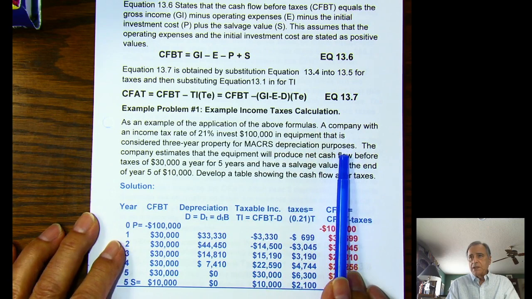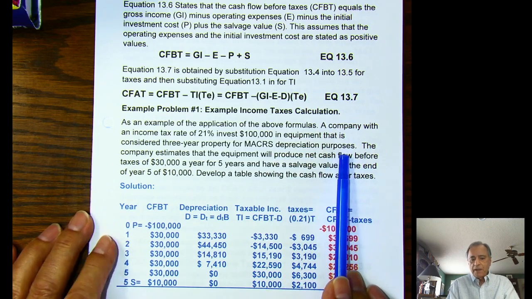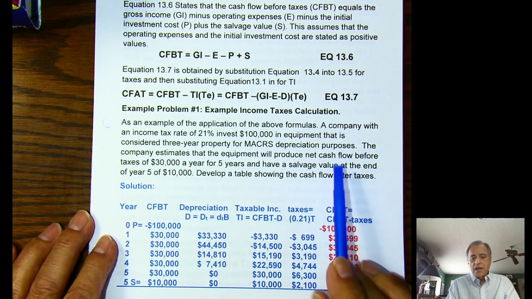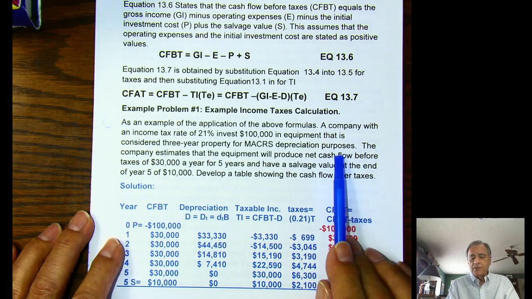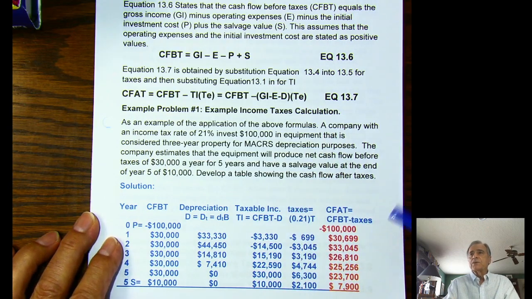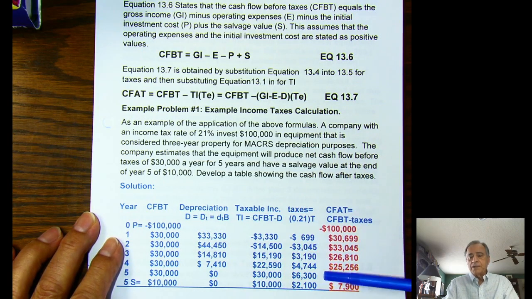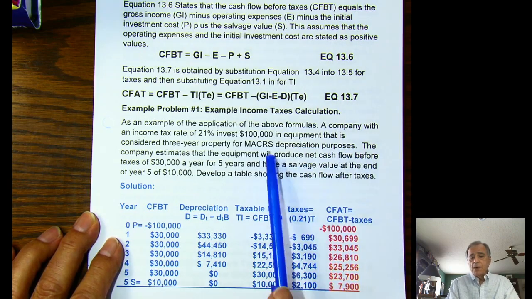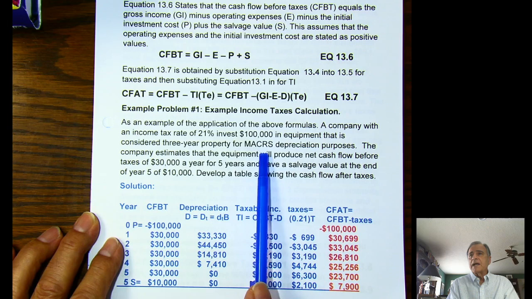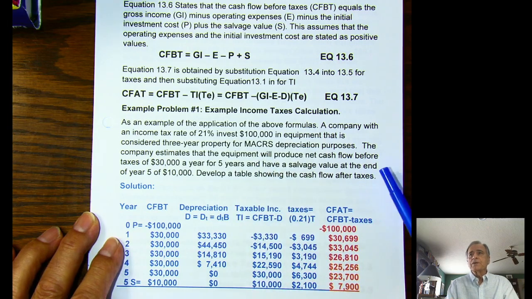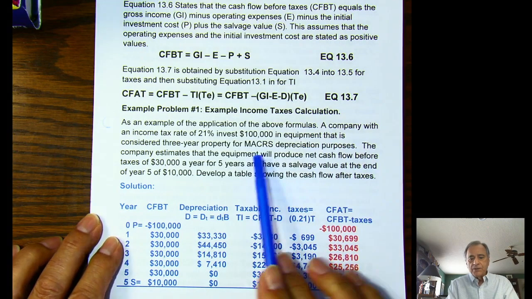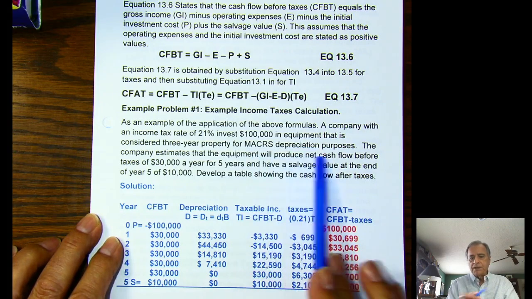Remember the MACRS table back, I think it was in chapter 12, would give us for different kinds of recovery periods what the depreciation rates were for each of the years. And remember, 3-year property under MACRS is actually depreciated over 4 years. 5-year property is depreciated over 6 years, and it's always N+1 years under MACRS depreciation.